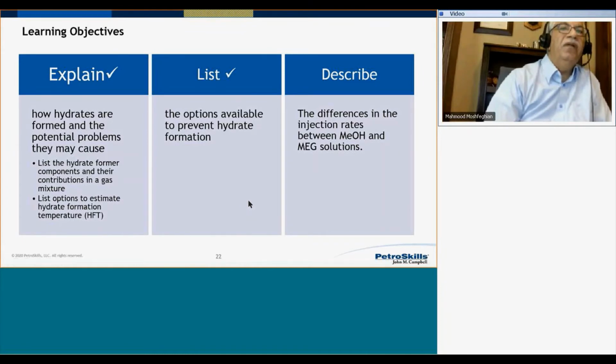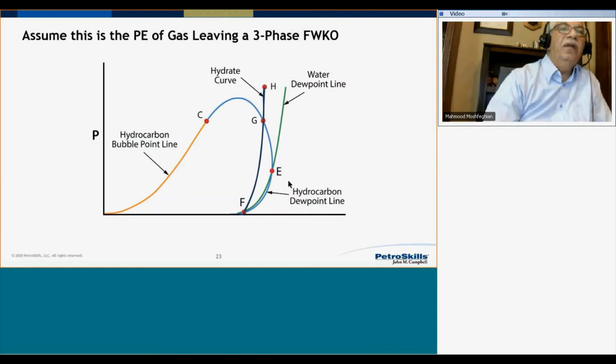So now let's describe the differences in injection rates between methanol and MEG solution and what the takeaway from it is. Let's define our process again. For my pressure that I'm getting from the separator, if I hit the hydrate curve, I have a hydrate formation temperature which I already determined using the simple chart, which was 62 degrees Fahrenheit.